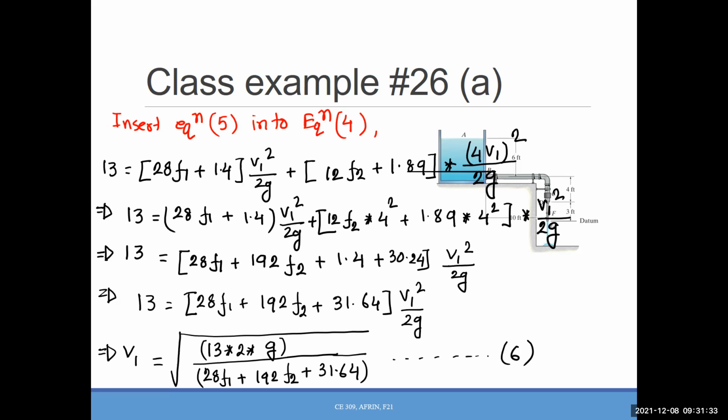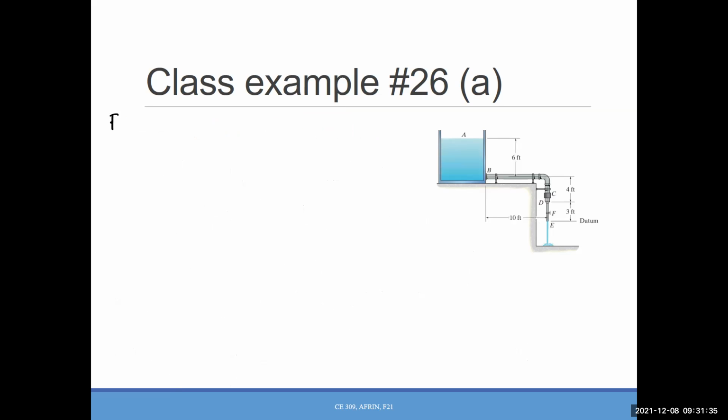Okay, now can you give me the velocity one value from equation 6? Velocity is what? 4.767. Okay, so I will just write down. That seems correct actually, because I got 4.78. 32.2.